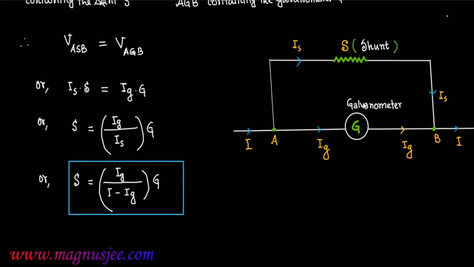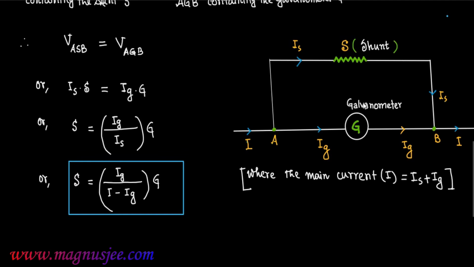where the main current I is equal to the sum of Is and Ig, I equals Is plus Ig. Is is the current flowing through the shunt, and Ig is the current flowing through the galvanometer.